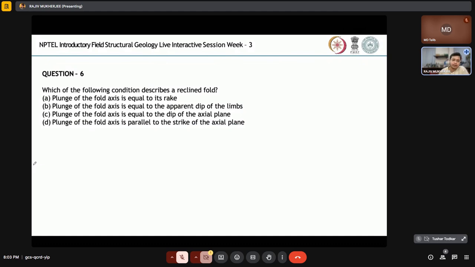Okay, so if we follow what a reclined fold is, a reclined fold is a neutral fold.